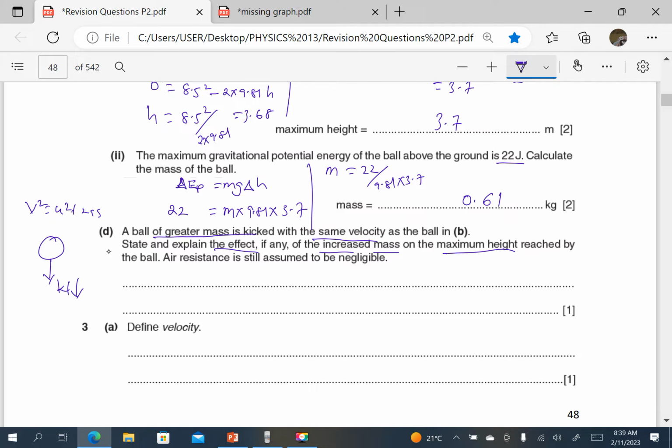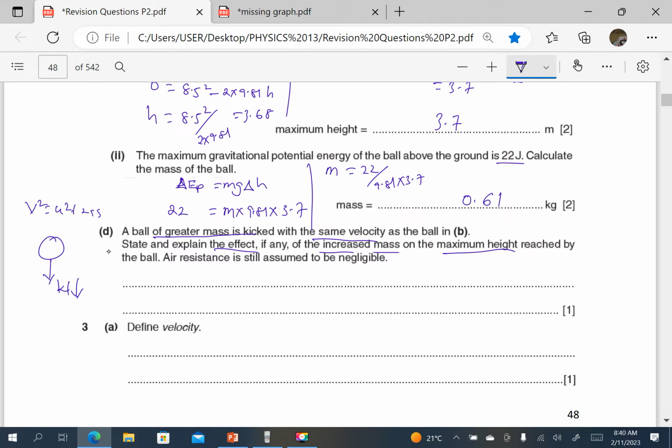Any equation which is contributing to the time, any equation which is contributing to the height does not have mass in it, because the acceleration is not going to depend on the mass.